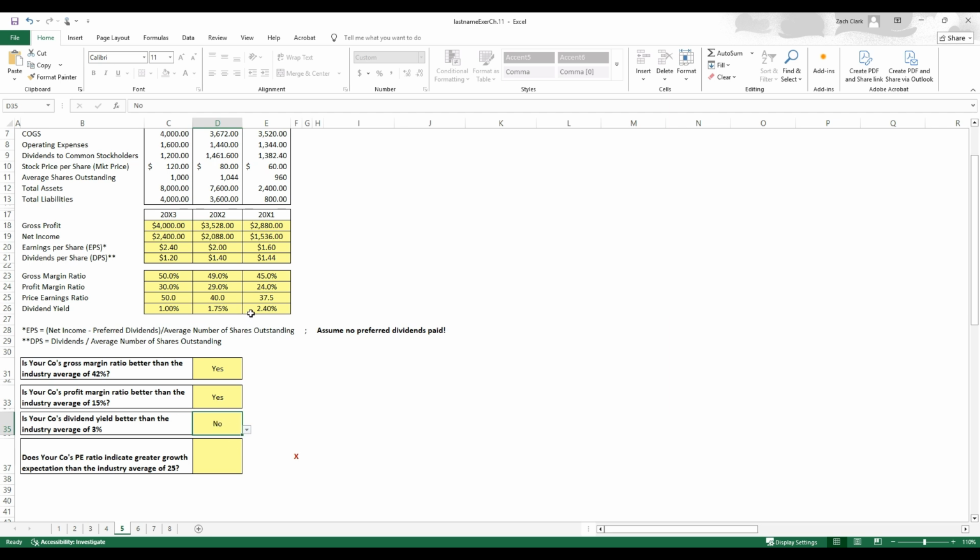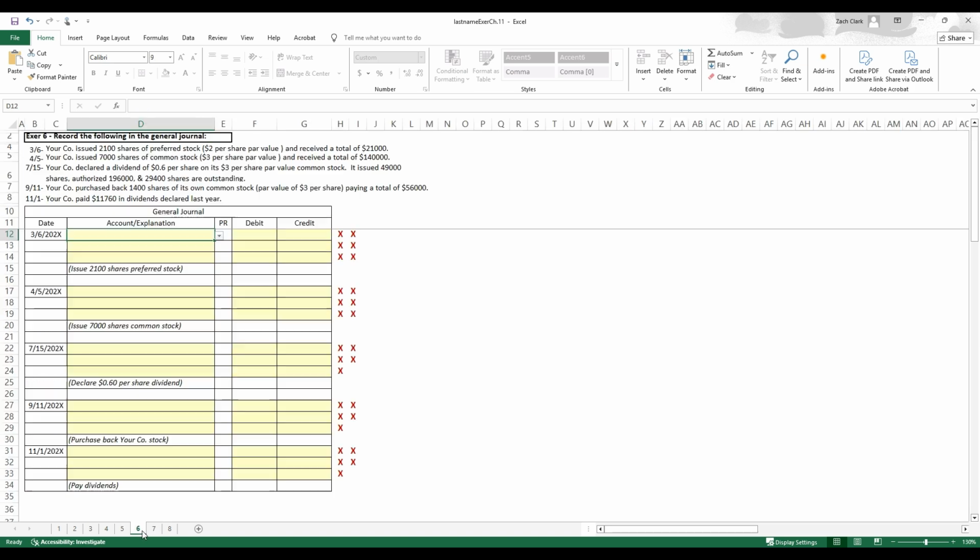No. We're under 3% in each year we looked at. And does your PE ratio indicate greater growth expectation than the industry average of 25? Yeah, that's what we're looking at there, right? So again, it can be overvalued. Maybe there's some sort of speculation going on, but it could also indicate expectations of future growth, right?